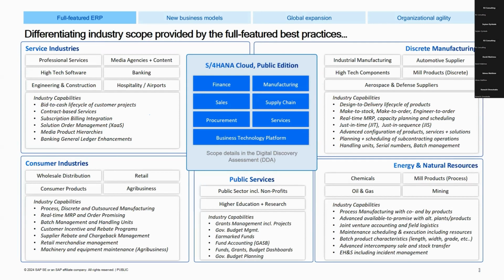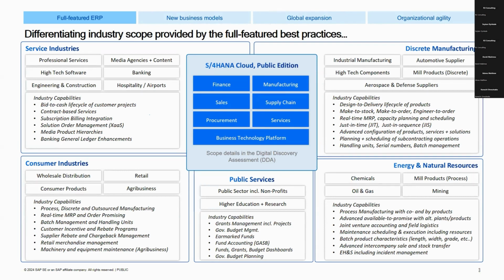The business scope covers a lot of industries, ranging from service industries, discrete manufacturing, consumer industries, public services, and energy and natural resources, where we have the oil and gas sector, also mining.